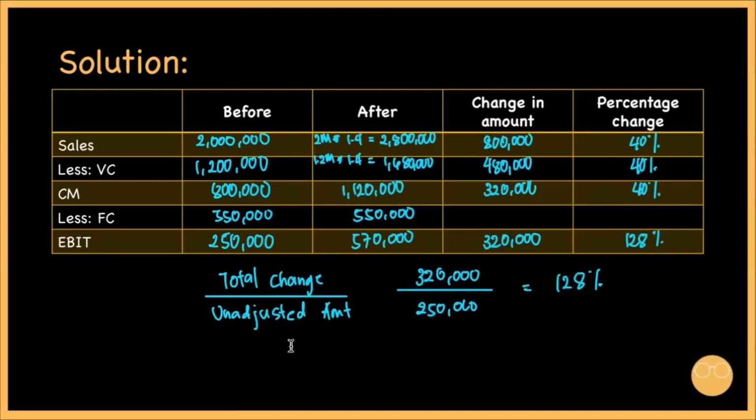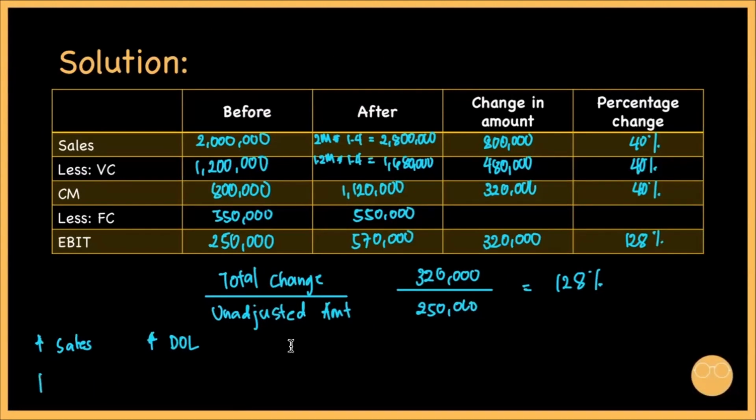So let's summarize what happened in our illustrative problem. When sales increase, our degree of operating leverage should be higher as well, for you to be able to maximize the percentage change in EBIT.